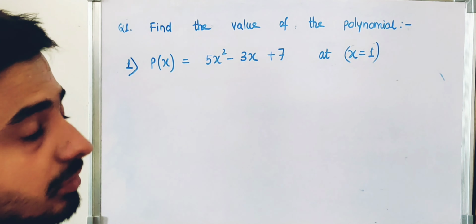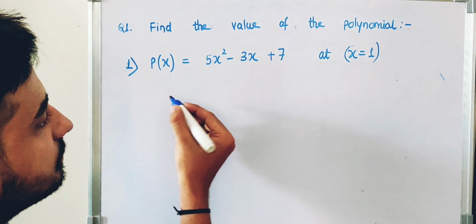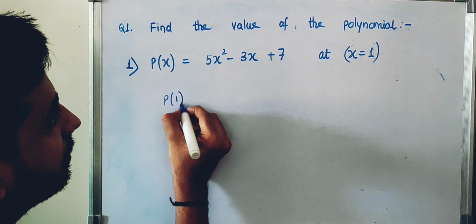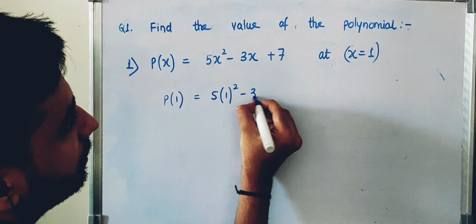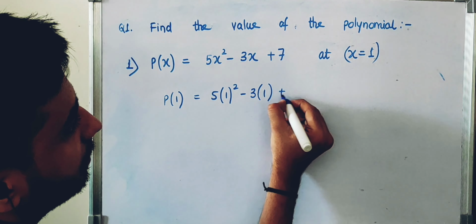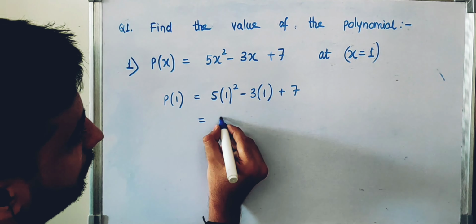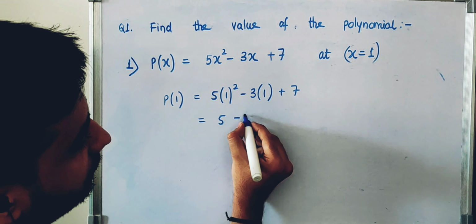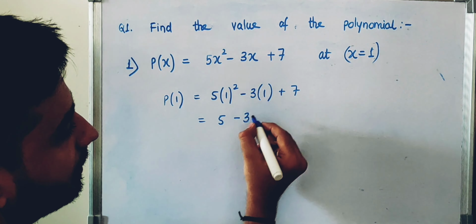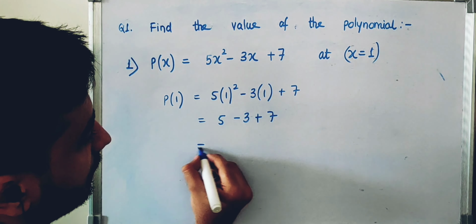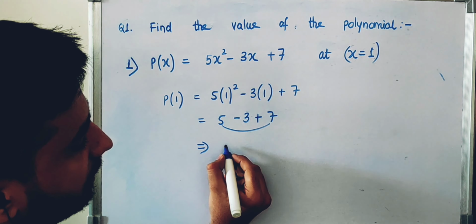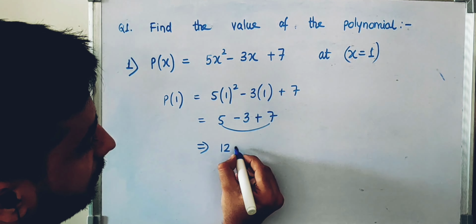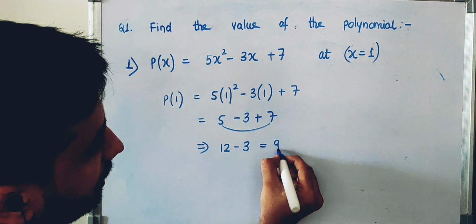Put 1 in place of x, so p of 1 will be equal to 5 into 1 to the power 2 minus 3 into 1 plus 7. 5 into 1 will be 5, 3 into 1 will be 3, and 7 as it is. They are of the same family, that is the positive family. 7 plus 5 is 12. 12 minus 3 is 9.